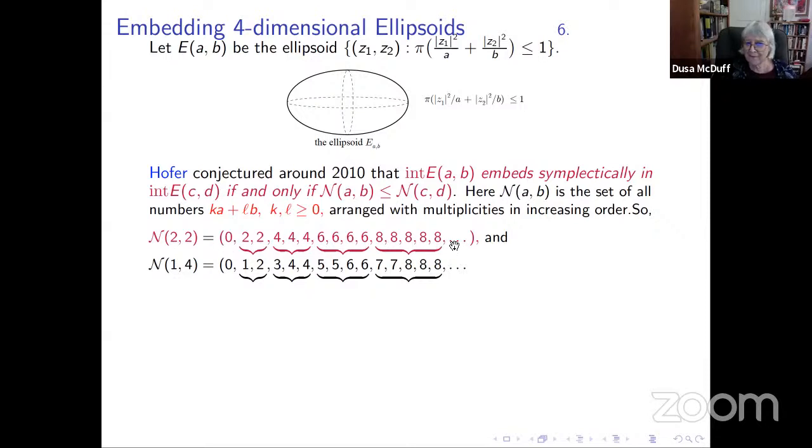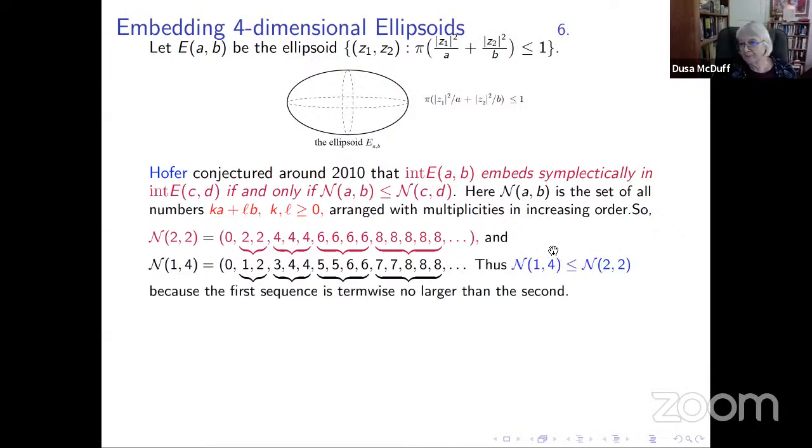And if you look at this, N(2,2) is always bigger than or equal to N(1,4) pointwise, and they are equal sometimes. They're equal at 8, they'll be equal at 10, and so on. But you can check very straightforwardly that in this case N(1,4) is less than or equal to N(2,2). That's a simple arithmetic exercise.